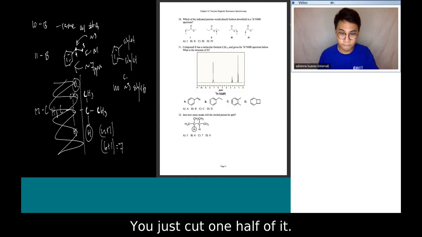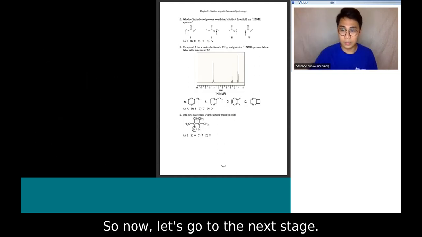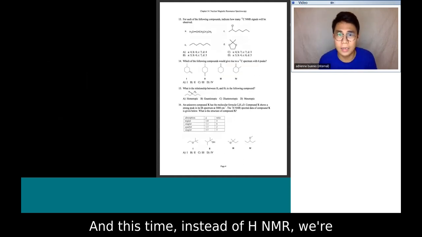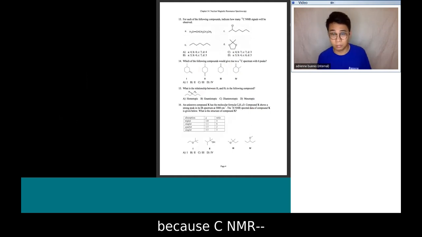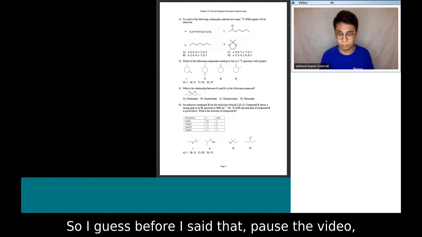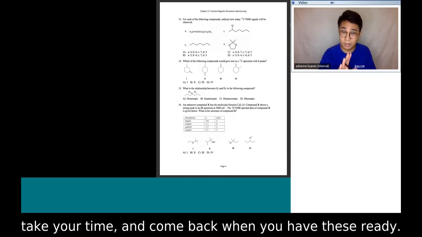Okay, so now let's go to the next page. And this time, instead of H NMR, we're talking about C NMR, which is even easier, I feel like, because in C NMR there's no splitting, right? So, like I said before, pause the video, take your time, and come back when you have these ready.